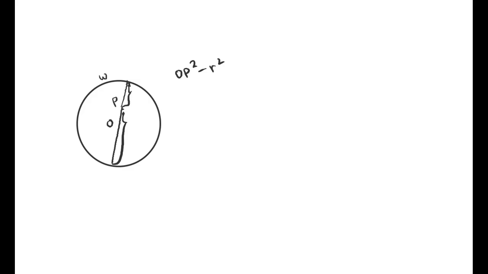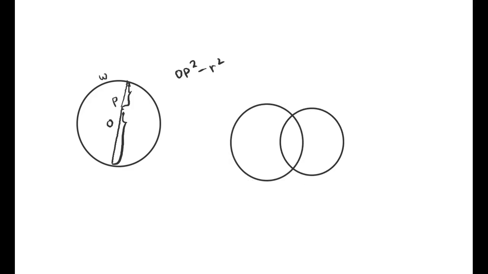And now I'll introduce the radical axis. So if you have two circles and their centers are distinct from each other, so basically the circles are not concentric, then the radical axis of the two circles is the set of all the points in the plane such that the power of the point with respect to each circle is equal.